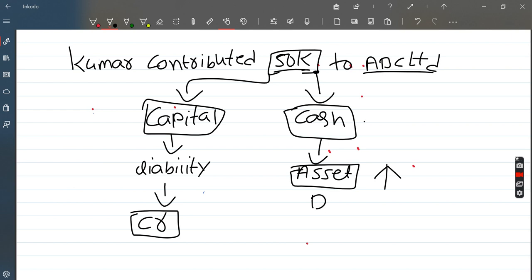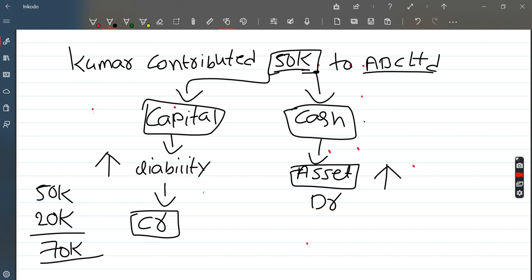Here the liability is increasing because there is more capital. If Kumar contributes 50,000, the business is liable to pay back only 50,000. If Kumar contributes 20,000 extra, the business is liable to pay back 70,000 to Kumar. If the liability is increasing, we need to credit it.